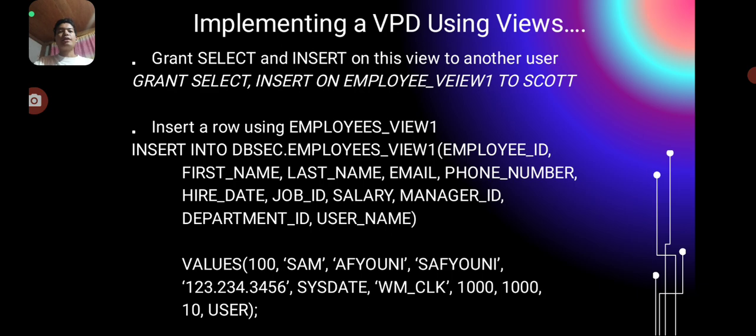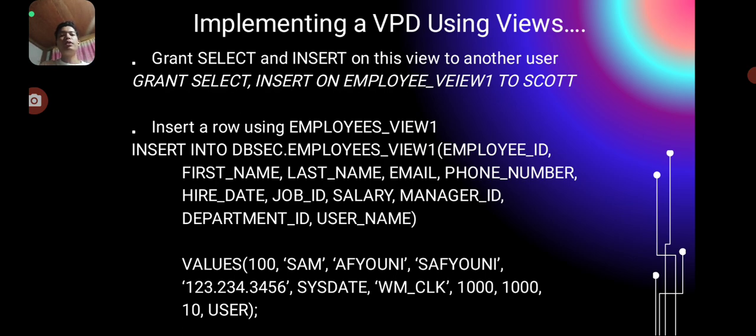Next, grant select and insert on this view to another user: grant select, insert on employees_view1 to Scott. First, insert a row using employees_view1: insert into dbsec.employees_view1, employee_ID, and other attributes.